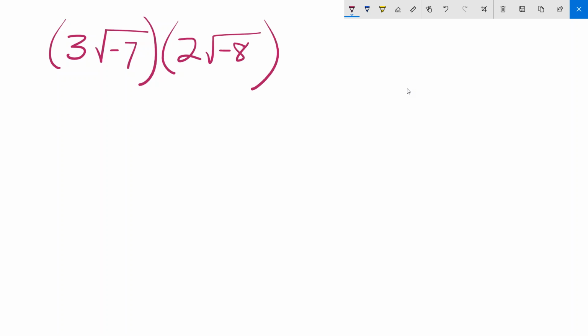If we don't turn it into i, we're going to get a wrong answer. In other words, one way to do this, it looks like it would be 6 root 56, correct? It's not. That's the bad way to do it. Now let's do it the proper way and see what we get.